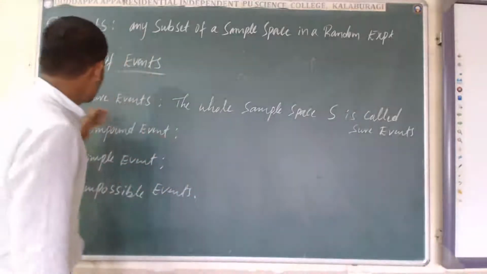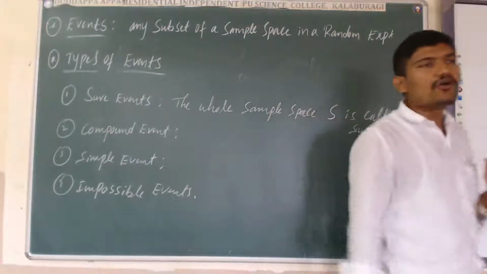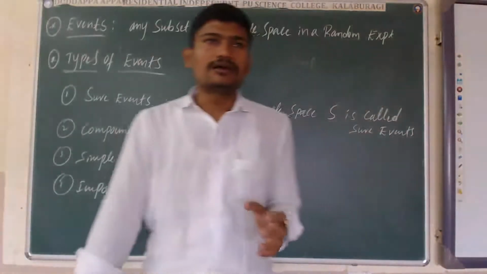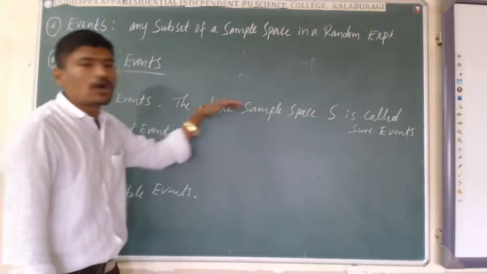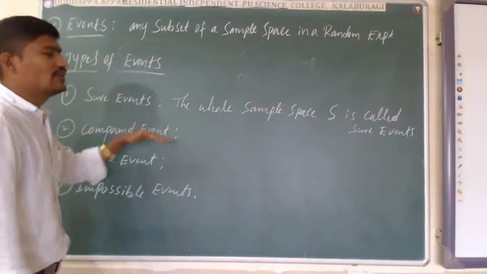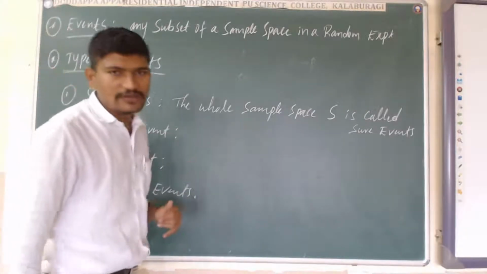What is the definition of a sure event? The whole sample space is called a sure event. Means whatever the sample space elements are, this event also contains all the same elements. So in this condition we call it a sure event.